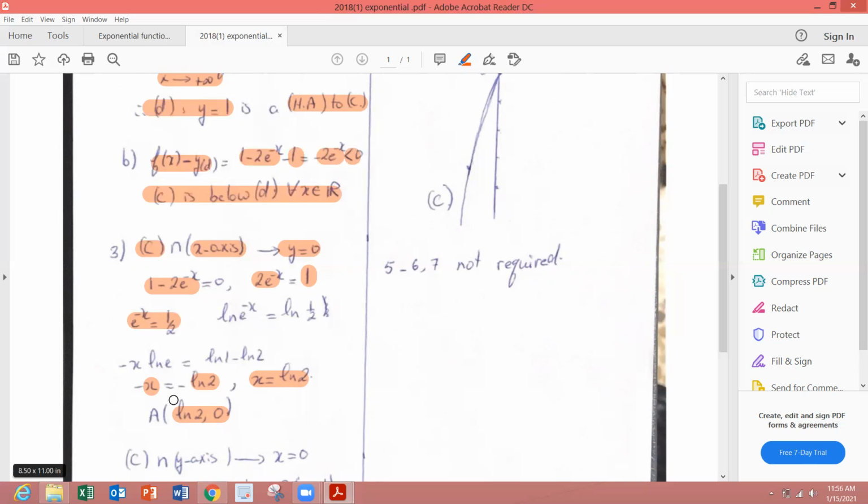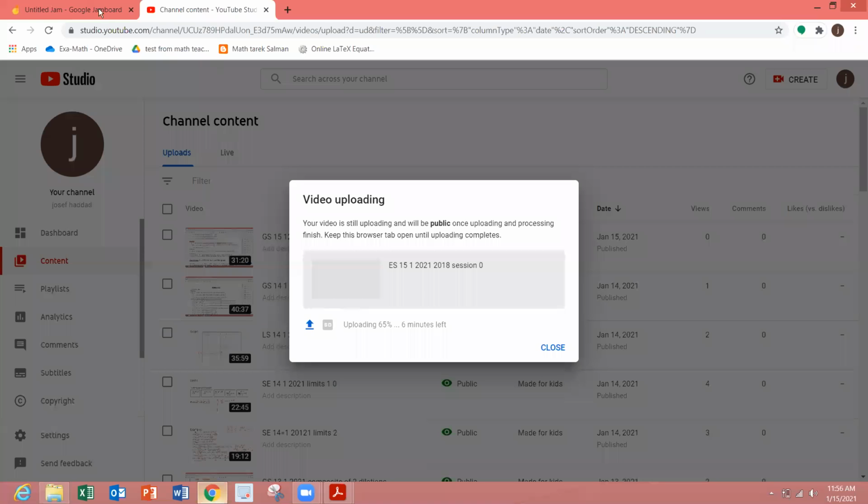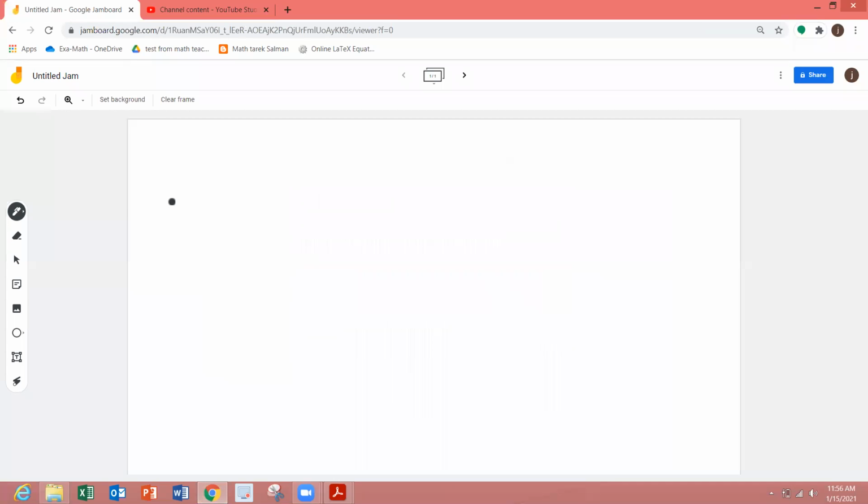Any questions? If you have the equation e to the x equals a, where a is positive, to find x, I put x equals ln a. I have in this exercise e to the minus x equal half.